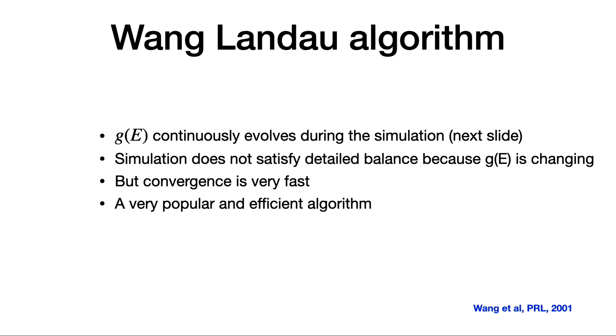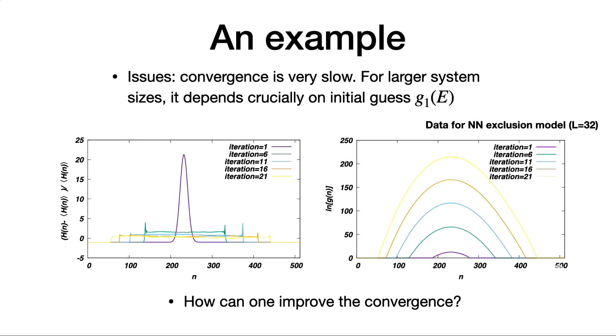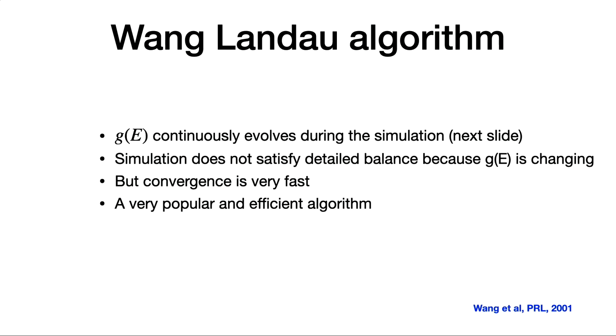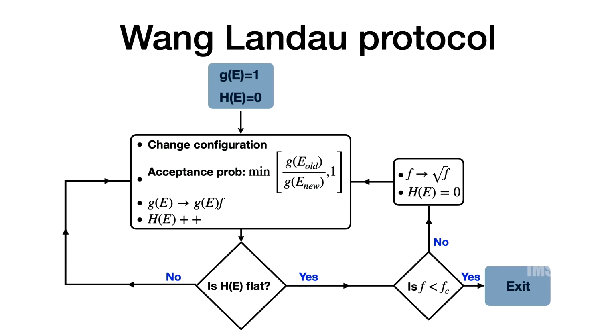But it improves the convergence issue that was here. It is going to improve dramatically, and it's a very popular and efficient algorithm. Okay, so let me describe the algorithm.